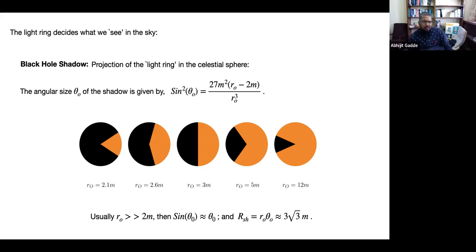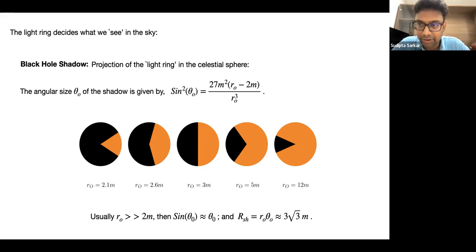Sudipta, I didn't quite understand what the shadow is. I mean, it's a projection of the light ring on the celestial sphere. What does this mean exactly? Okay. So let me define it carefully. What happens is that you have the light ring. Then if the light is coming from the light ring to you, how do you project the entire light onto the background celestial sphere?